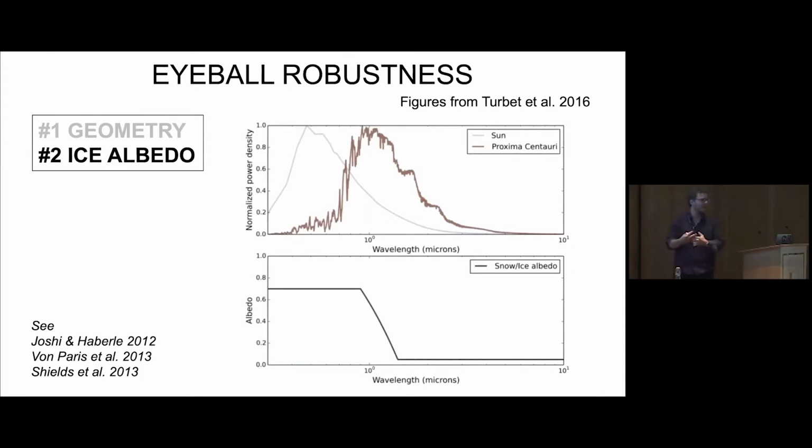It reflects a lot in the visible and it absorbs a lot in the infrared, where you would expect very low mass stars to emit much more flux, which means that ice and snow have a much lower albedo around very low mass stars, indicating that the ice feedback and the snowball feedback that would lead you to a snowball is much lower. So the second argument is that the ice albedo feedback is super weak on that kind of object.